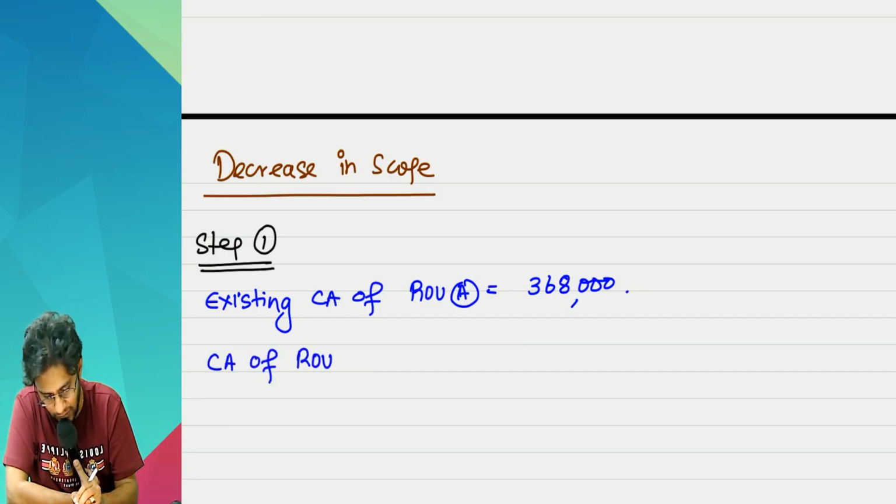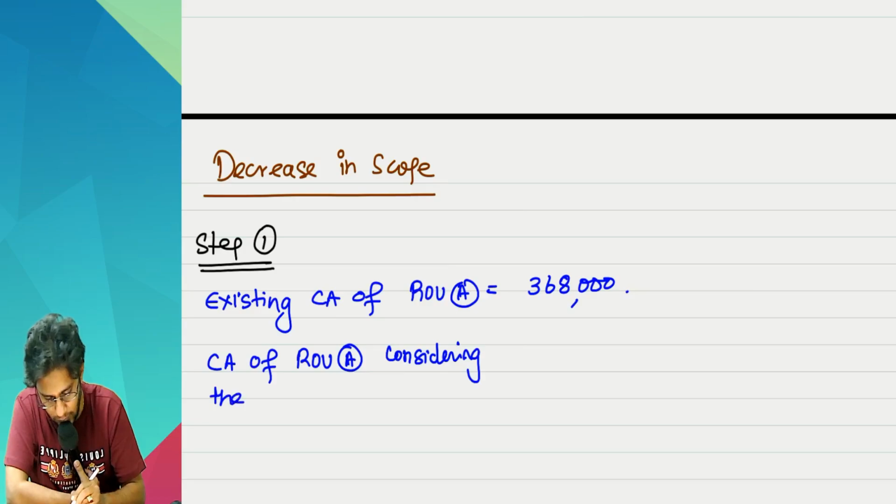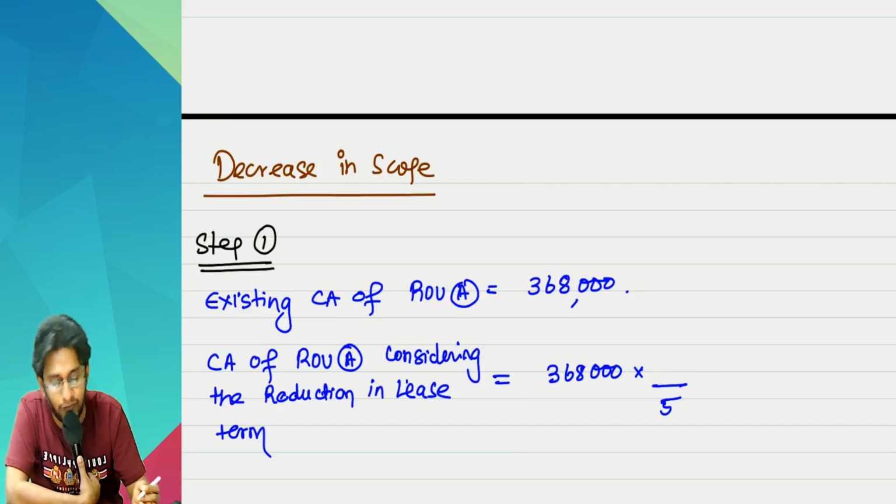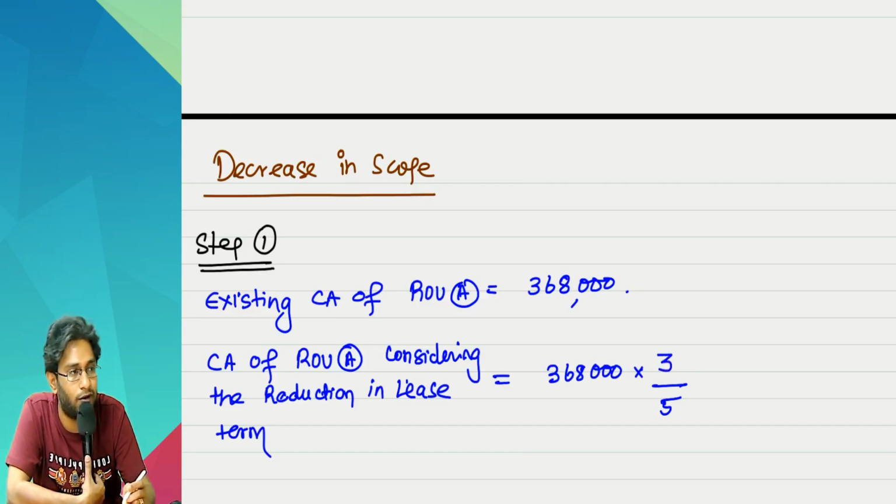Carrying amount of ROU asset, considering the reduction in lease term, is 368,000 if it is for the remaining 5 years, but I am going to use it only for 3 years.